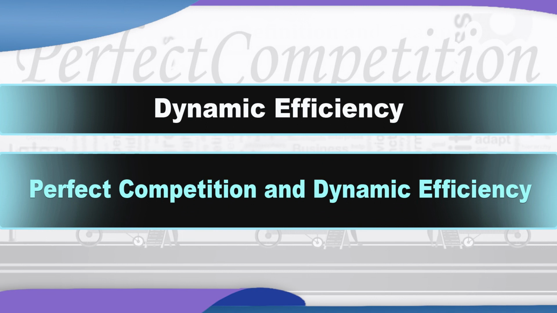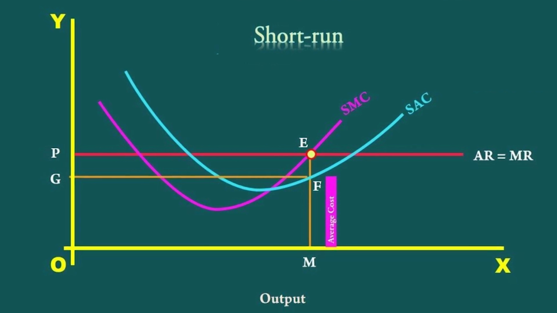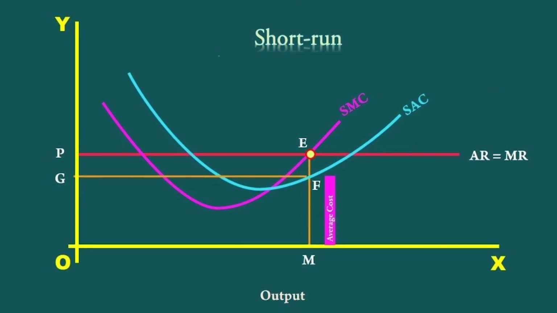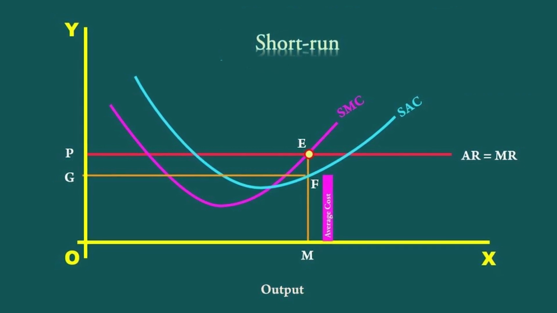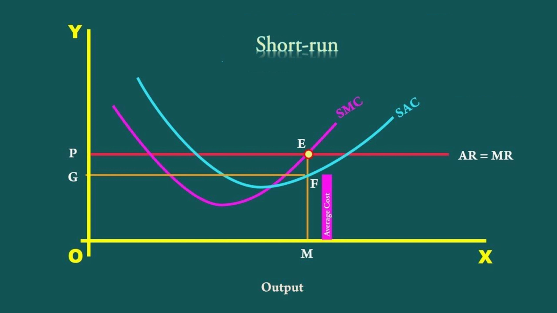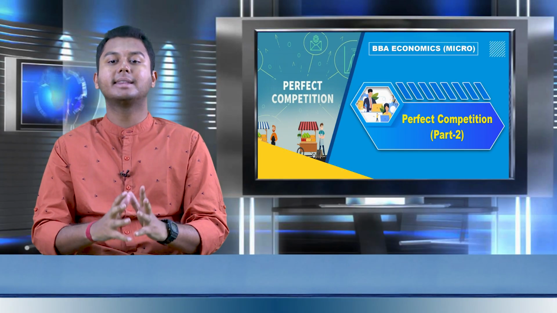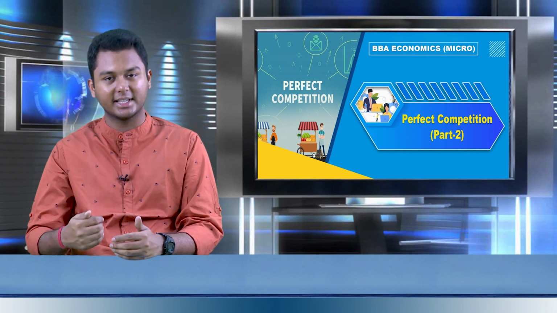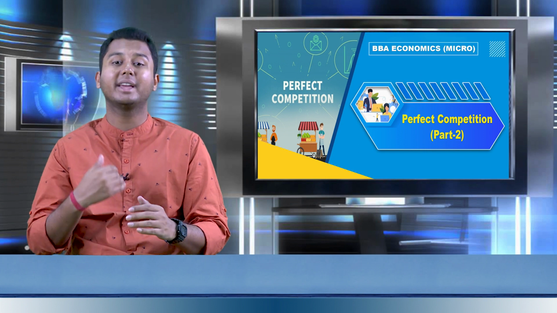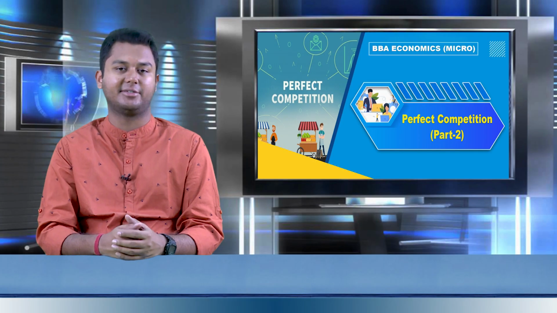Perfect competition and dynamic efficiency, if we try to understand the relation between these, then in the short run, perfect competition can drive dynamic efficiency by encouraging firms to innovate and reduce cost to remain competitive. However, in the long run, the lack of economic profits in perfect competition may reduce incentives for firms to invest in research and development, potentially limiting dynamic efficiency.